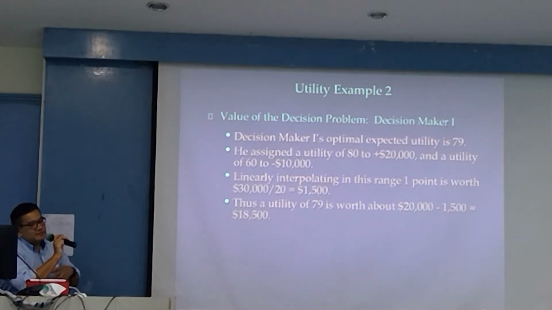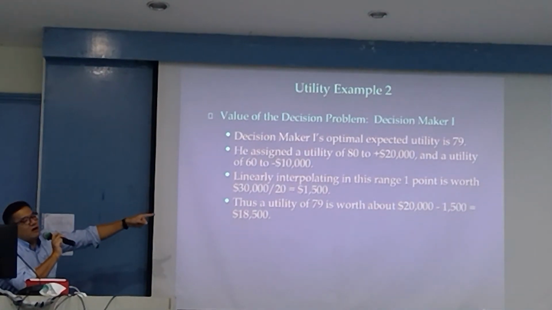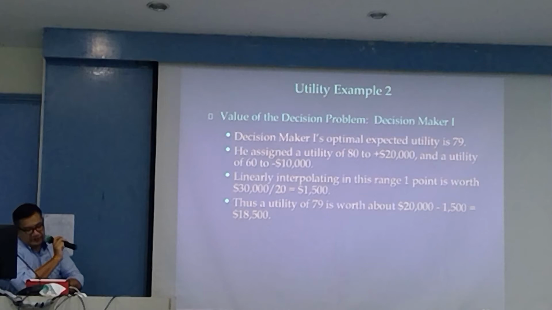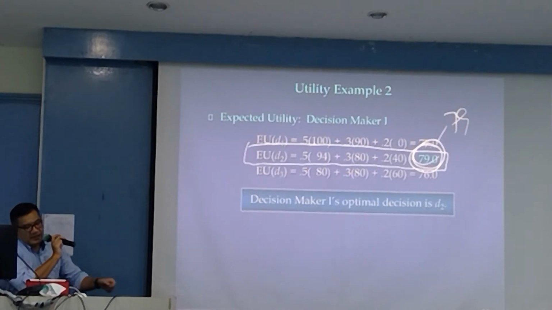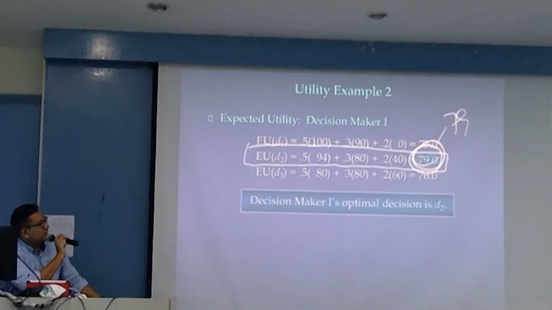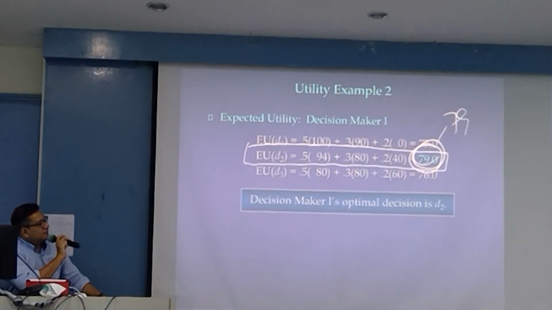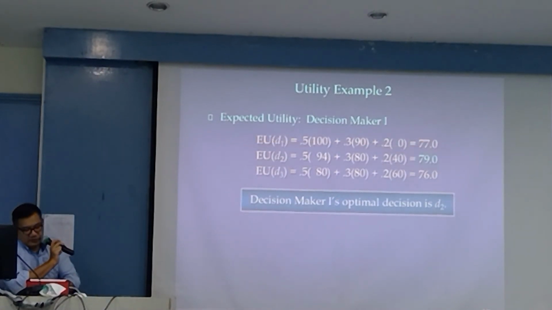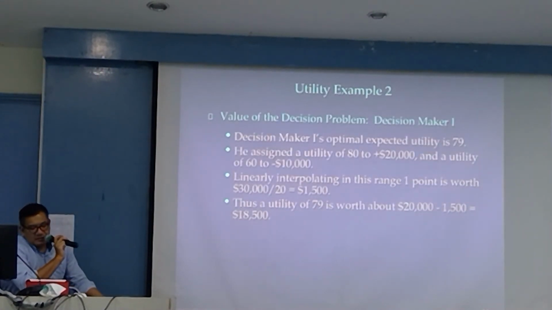So then what does it mean? It means that if we try to find the value of 79, after we analyzed that we need to select the second alternative, 79 is equal to 20,000 minus 1,500, or $18,500.